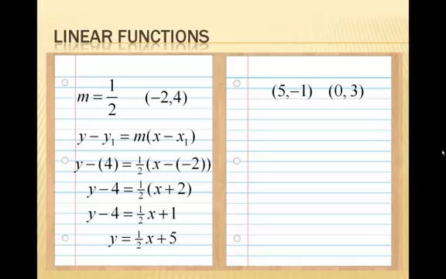Let's see point-slope form again with another example. This time it's a little different. I want to create the equation of a line that goes through these two points, (5, -1) and (0, 3). Notice that with this one, we don't have any information about the slope. If I'm going to use point-slope form, that's the first thing I need, so I need to find the slope between these two points.